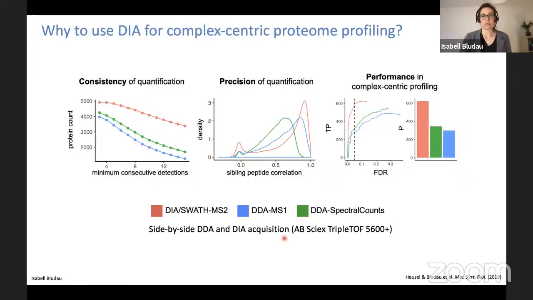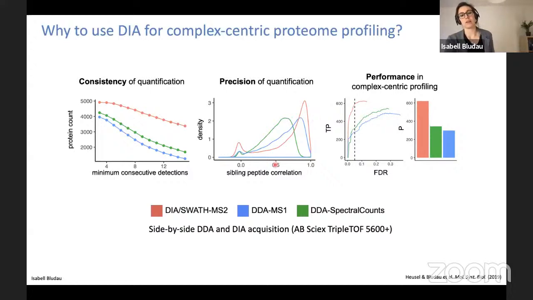And what you can see here is basically the minimum number of consecutive detections along the SEC dimension that we could see in DIA data compared to DDA data acquired in parallel. And what you can see is that generally we have a larger number of consecutive identifications in DIA compared to DDA.